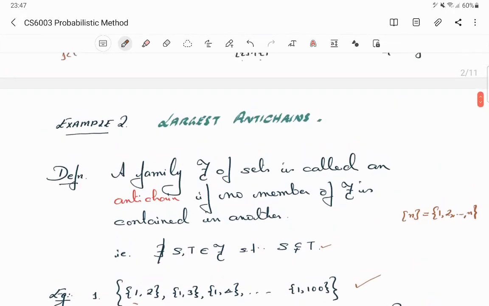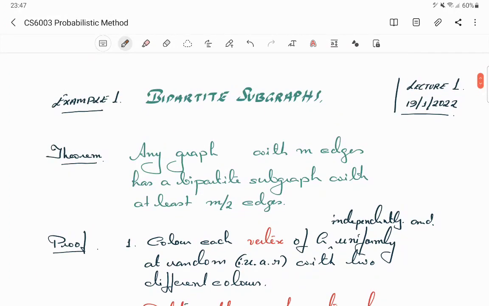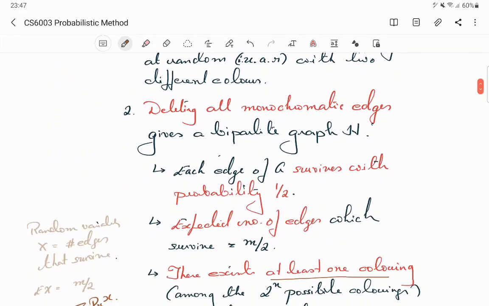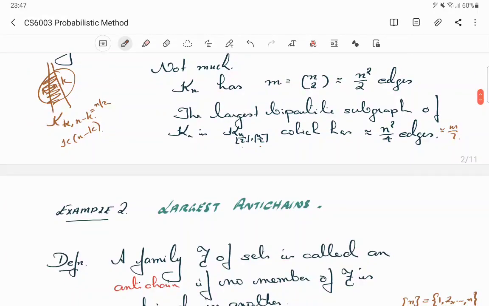Example 1 is something which you can give as an exercise problem, or an assignment problem, or in a special case even an exam problem. Because the construction of this subgraph is in some sense direct. Once you are familiar with the probabilistic approach, you know that you have to construct a bipartite subgraph. Let us do it this way.